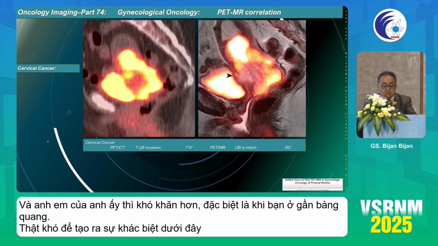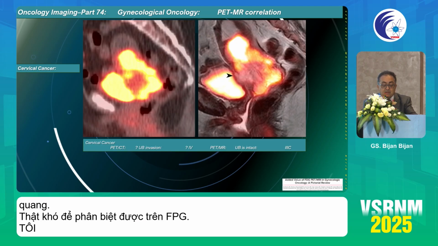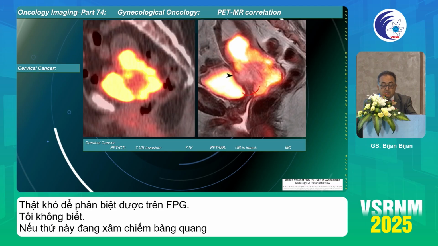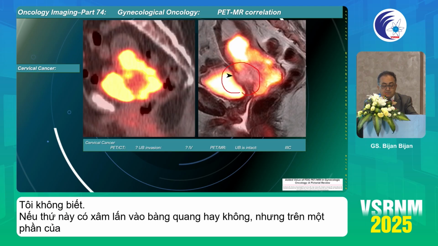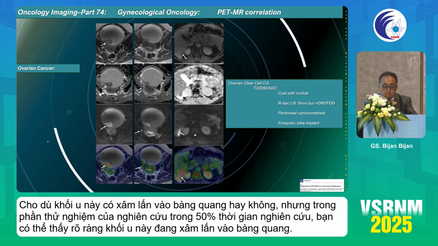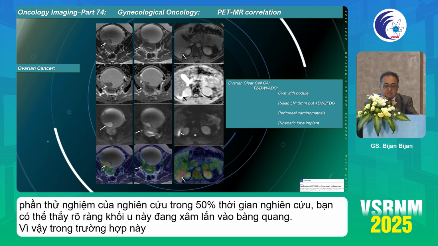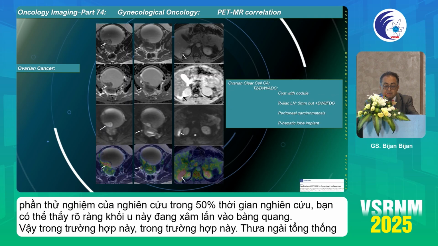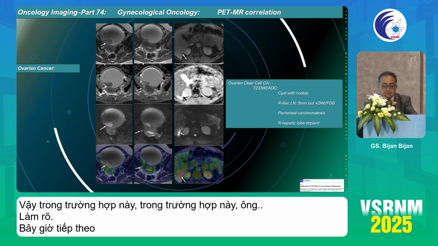I have no idea if this thing is invading the urinary bladder or not. But on the MR portion of the study, you can clearly see that this tumor is invading into the bladder. So in this case, MR can clarify issues.